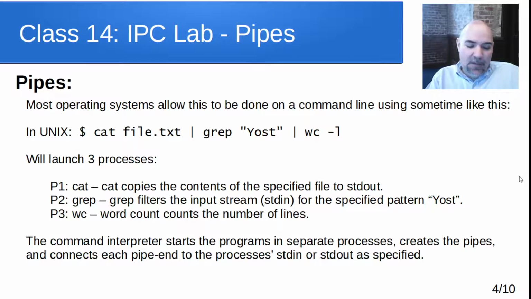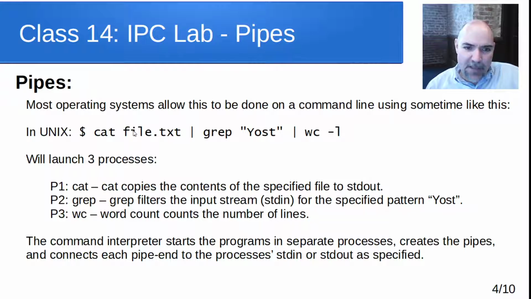Okay, now as an example of where pipes get used in operating systems, if you've ever used Unix and you have a command line like we have here, where we're using a number of different commands and connecting them together. So cat essentially opens a file and displays its contents to the standard output, in other words, to the console.